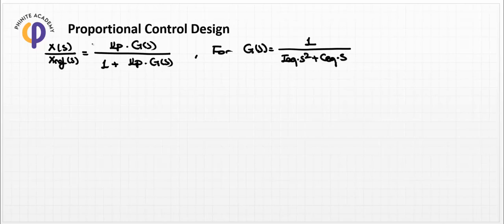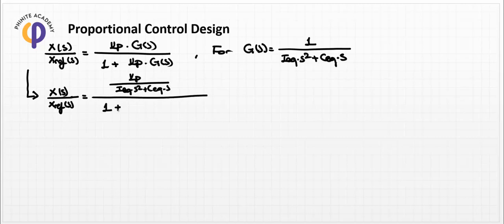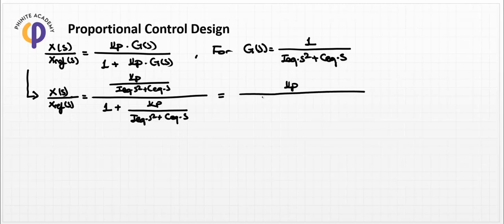If we reorganize this equation, we obtain X(s) divided by Xref(s) equals Kp divided by Iec s squared plus Cec s, divided by 1 plus Kp divided by Iec s squared plus Cec s. In organized form, we have Kp divided by Iec times s squared plus Cec s plus Kp.